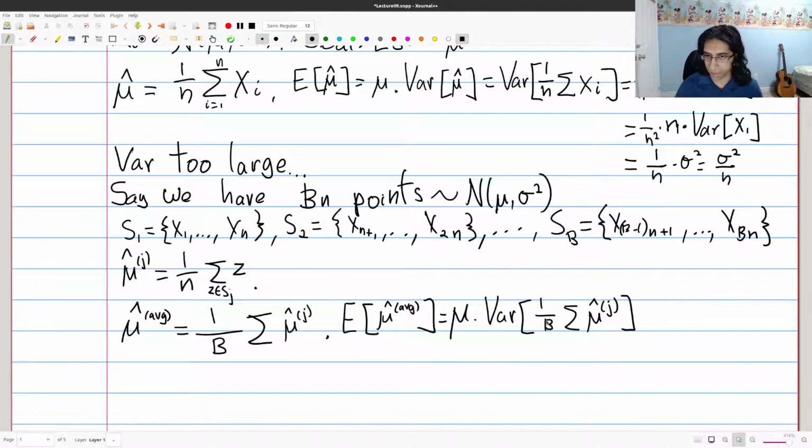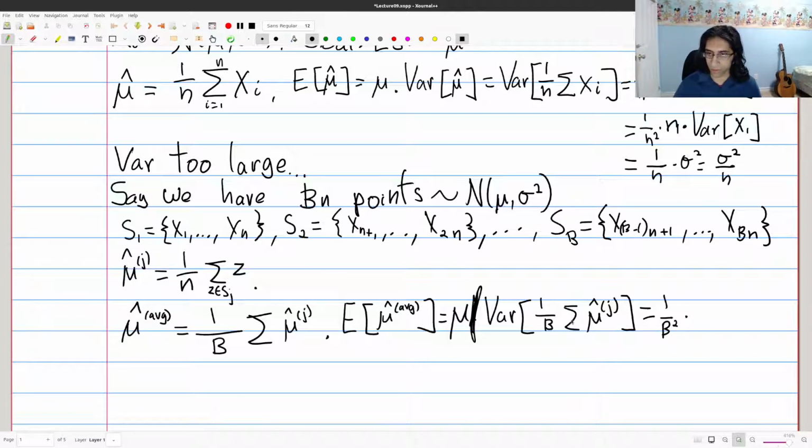So once again, we can pull out this 1 over b, then it becomes 1 over b squared. And the second thing we're going to use is the fact that each of these summands are independent of each other. Each of these works on a disjoint set of samples. Therefore, these estimators mu hat j for all j are going to be independent of each other.